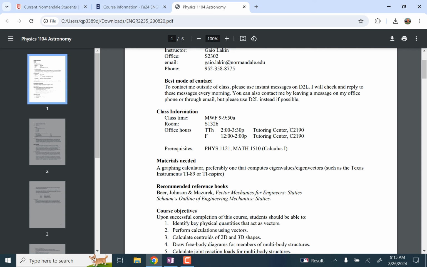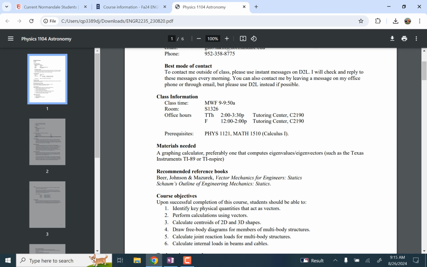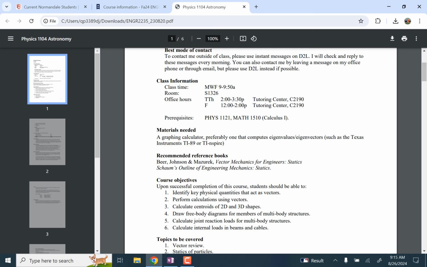If you haven't had these and you need my permission to get into the class, come talk to me. And most likely, I think this is a fairly self-contained class as long as you've taken some version of Physics 1 and you've taken Calculus 1. I'm pretty willing to let people into this class.